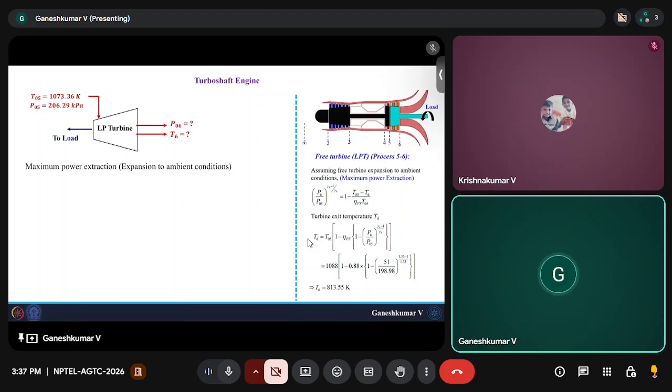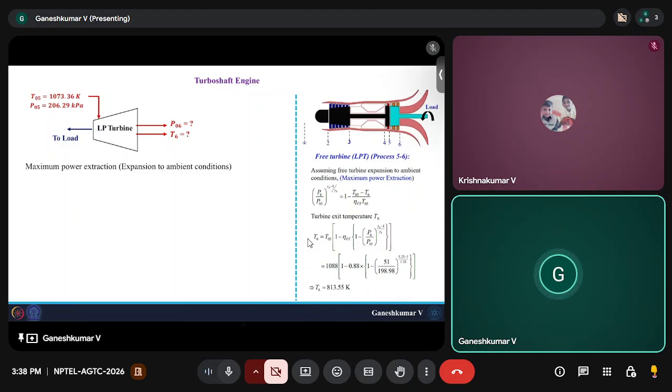From P05, which is around 206.29 kilopascal, it can expand up to P ambient, which was around 51 kilopascal that we saw. That's the minimum pressure it can reach. It cannot go below this.